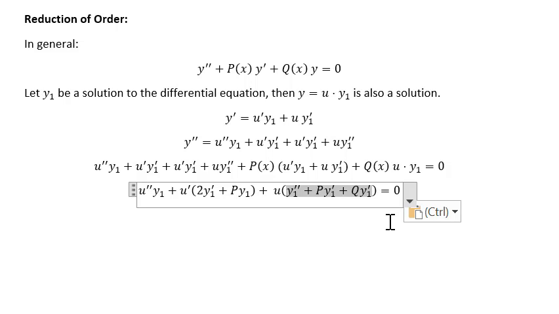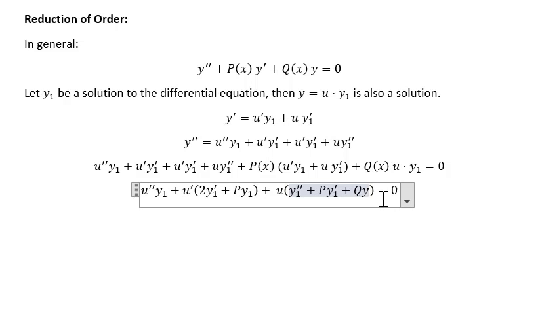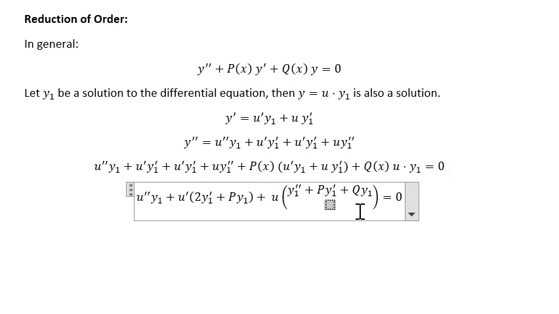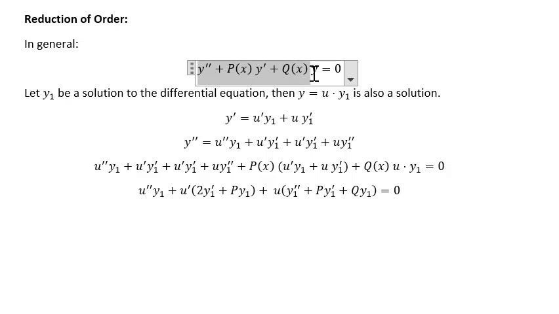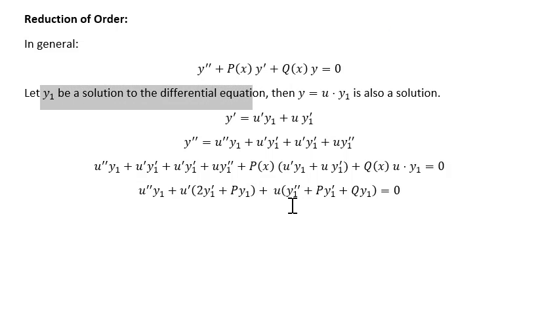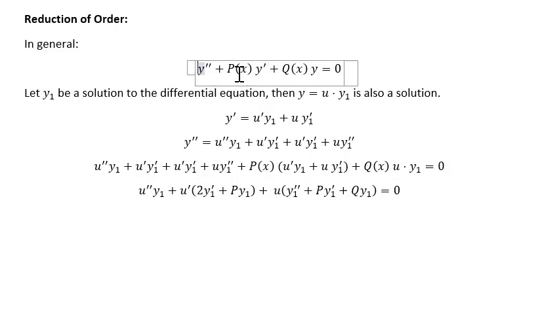Now, if you take a look at that, oops, I think this is just y. If we take a look at that, that's exactly our differential equation. And if we said that y1 is a solution to the differential equation, then if we put y1 into the differential equation, it should equal 0.